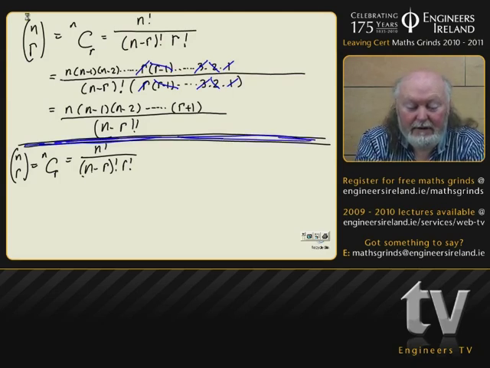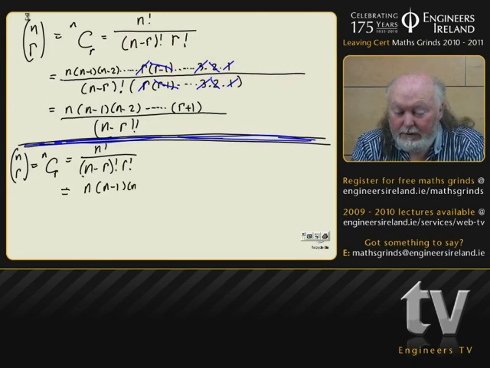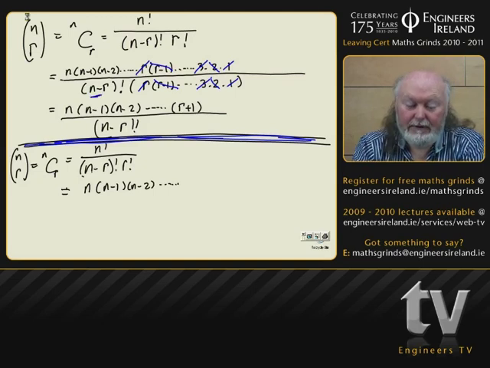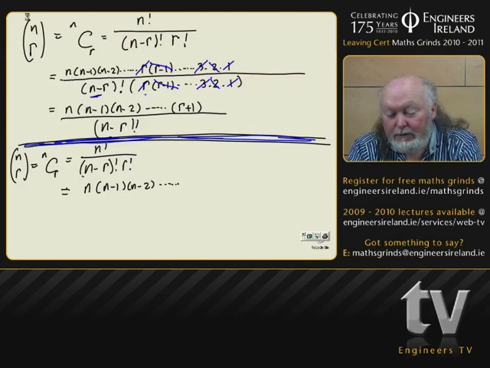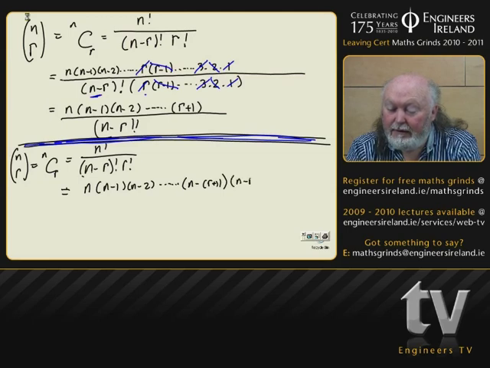Okay, let's start the game again. And we're now going to focus on this one rather than on that one. So we're going to go how far down? We're going to go to this one, n minus r plus 1. And we're going to look at the n minus r, and all the way along down to 3 by 2 by 1.